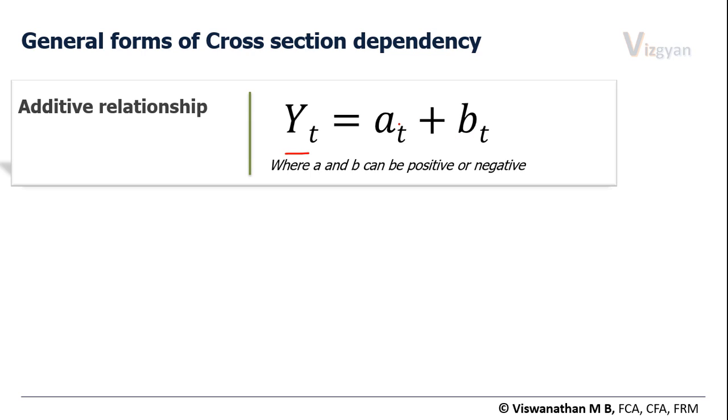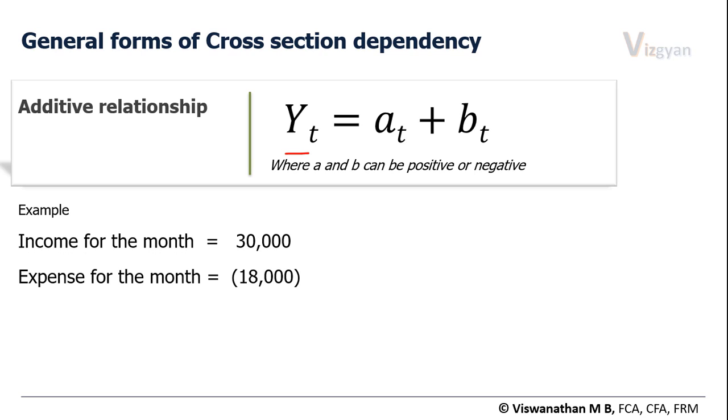So if b is a negative number, then this becomes a at time t minus b at time t, right? Let's look at a simple example. Your income for the month is 30,000 and your expense for the month is 18,000. What is your operating profit? Income for the month, I'm going to note as AT, and expense for the month is BT.